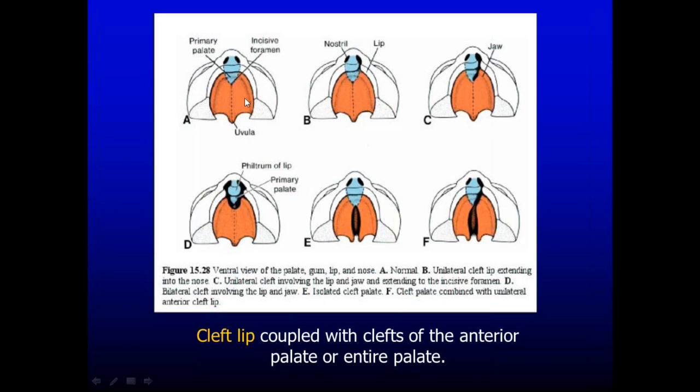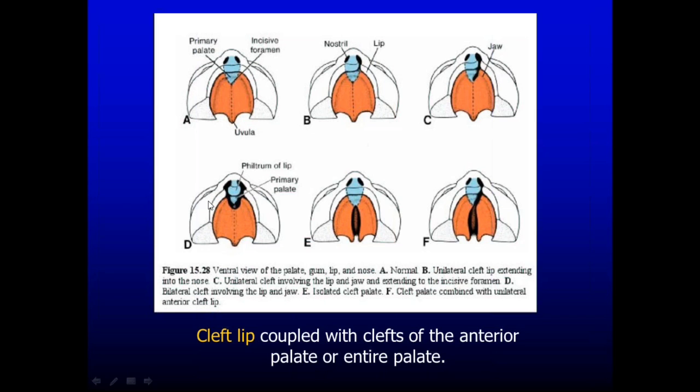Now this is the normal view, in which this is the premaxillary part behind the incisive fossa, and this is your hard palate and this is your soft palate. Second is unilateral cleft lip. Next is unilateral cleft lip extending in the jaw as well as in the palate.